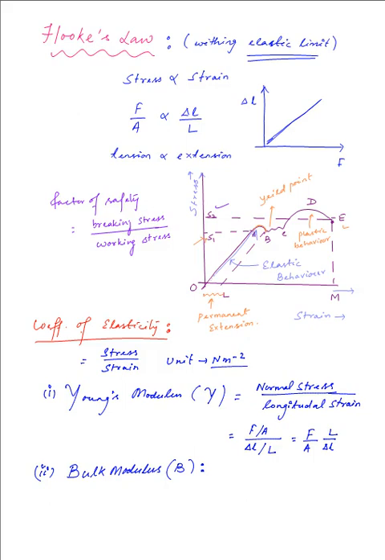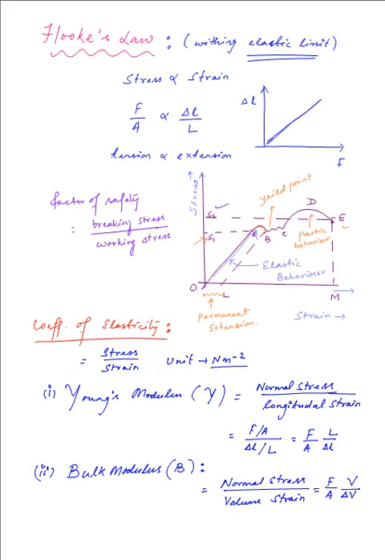Now this is the normal stress upon the volume strain. And normal stress is obviously F by A. I'm writing it directly. Volume strain is the change in volume per unit volume. The change in volume goes to the denominator and the initial volume goes up. So that is what we have.